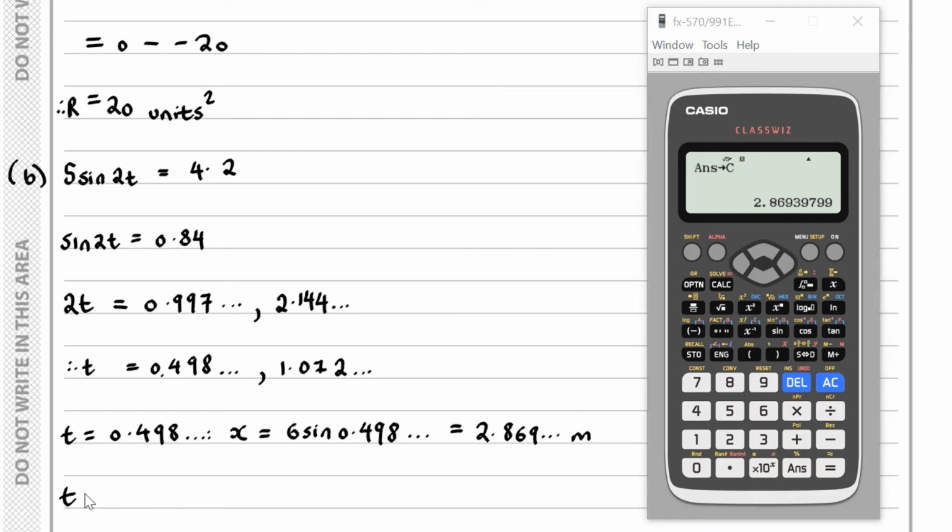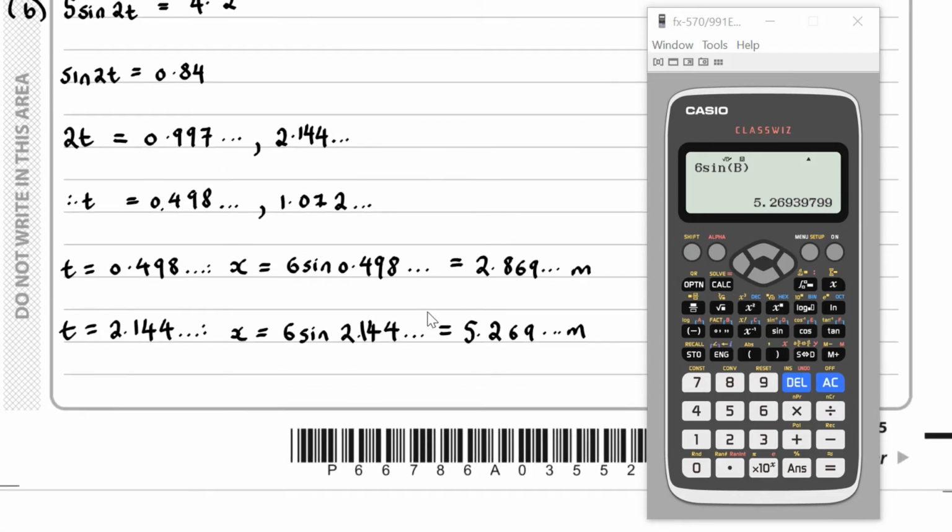And when t is equal to 2.144, etc., x is equal to 6 times the sine of 2.144, etc. So we have 6 times the sine of, I think it was b. Turns out we get 5.269, etc. meters. And so the difference between these is the width.